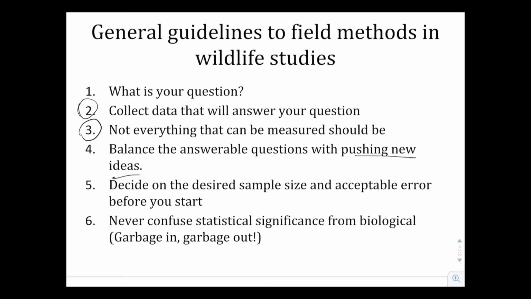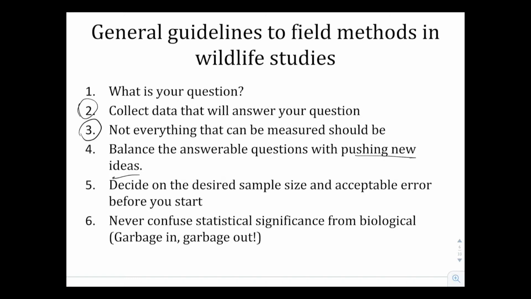The fifth component is thinking about what is needed in order to answer these questions. And that's because when we start thinking about sample size and how to address any sort of error that we may have in measuring a species, we're better prepared to take those measurements. And the last component, the importance of thinking about the biological significance of our conclusions. And this is always tricky for people.